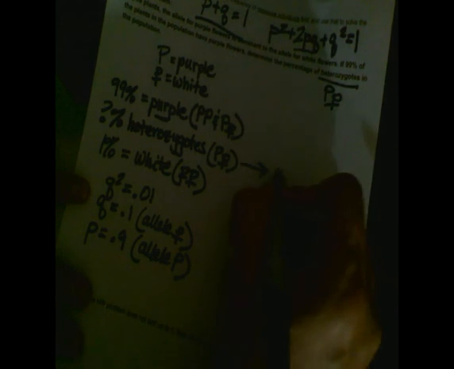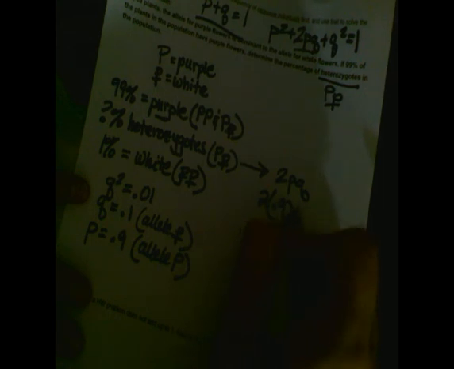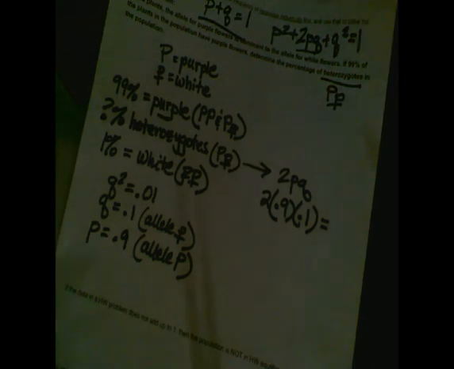So with that, we can go to answering our question. We want to know the percent of heterozygotes. So we know that the frequency is equal to 2PQ. So 2 times 0.9 times 0.1 equals, of course I've got to do this on the calculator because I am not a whiz.